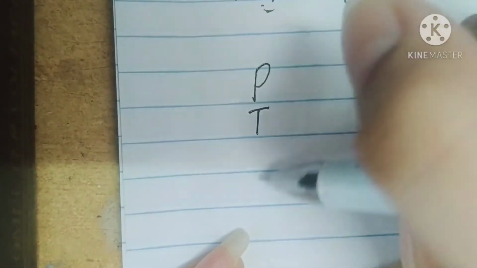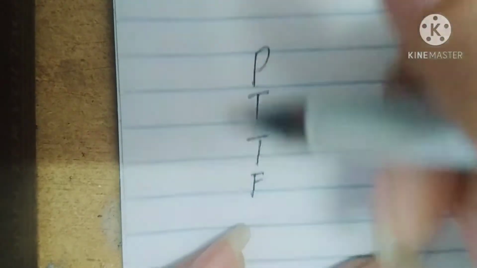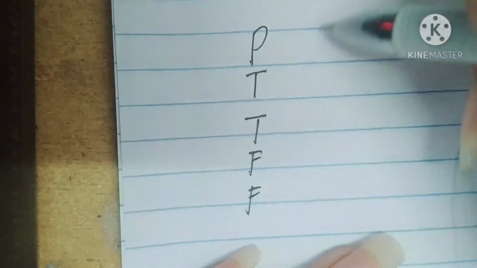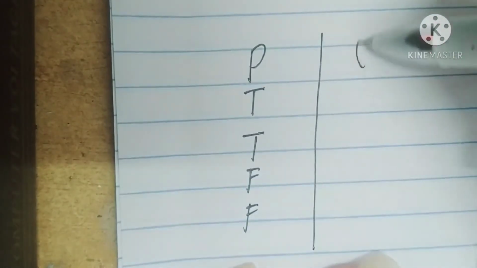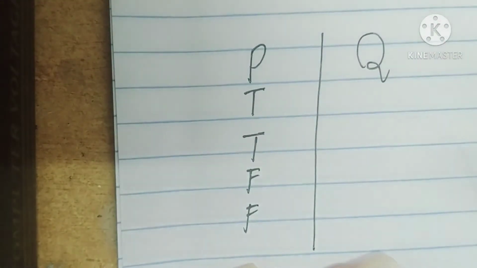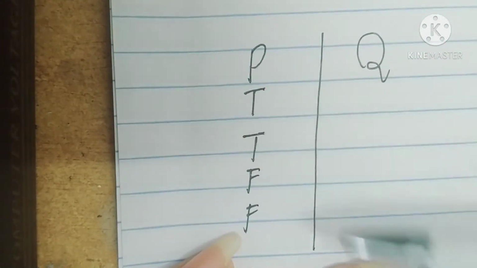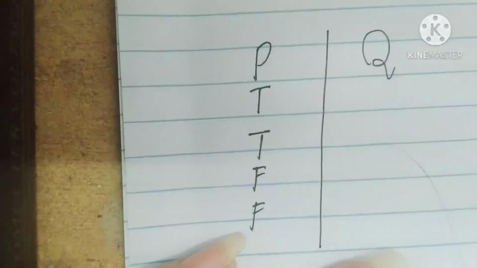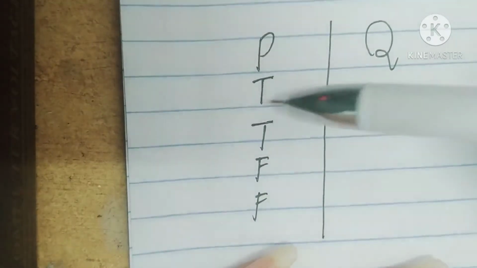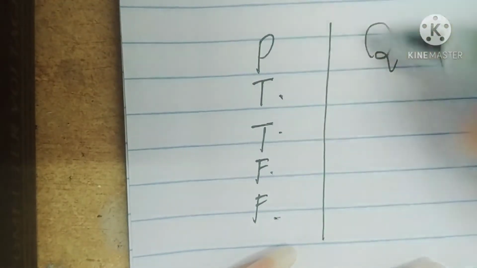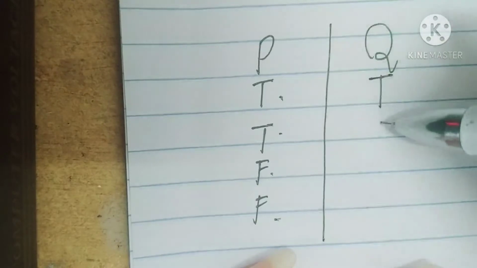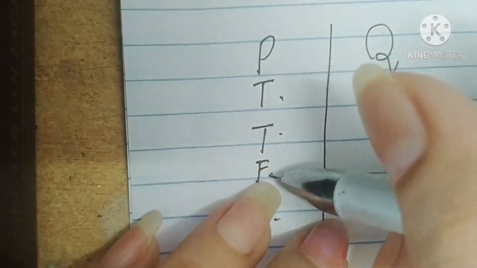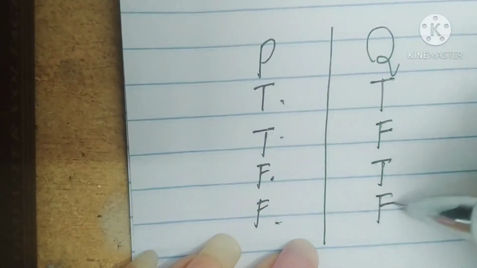So you have P, you have true, true, false, and false. And for the Q, others will just have only three, but it's good to have it as four. We have true, true, false, false. So on the other side, we also have true, false, true, false.